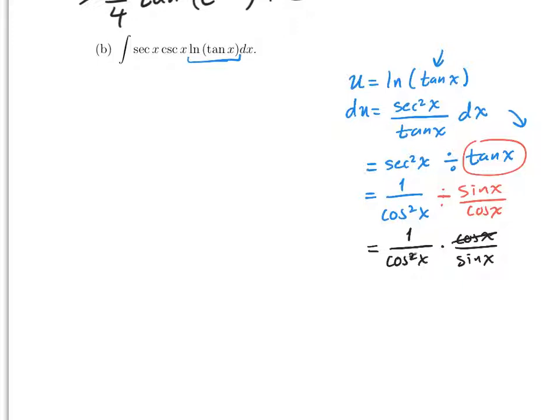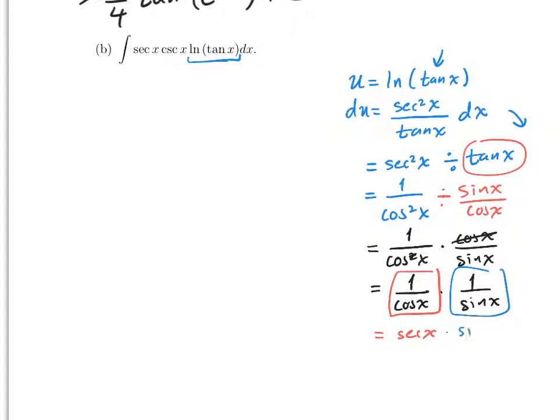This cosine will cancel one here, so we end up with 1 over cosine x times 1 over sine x, and then notice the 1 over cosine is just secant, and 1 over sine is just cosecant, and remember all of this has the dx.